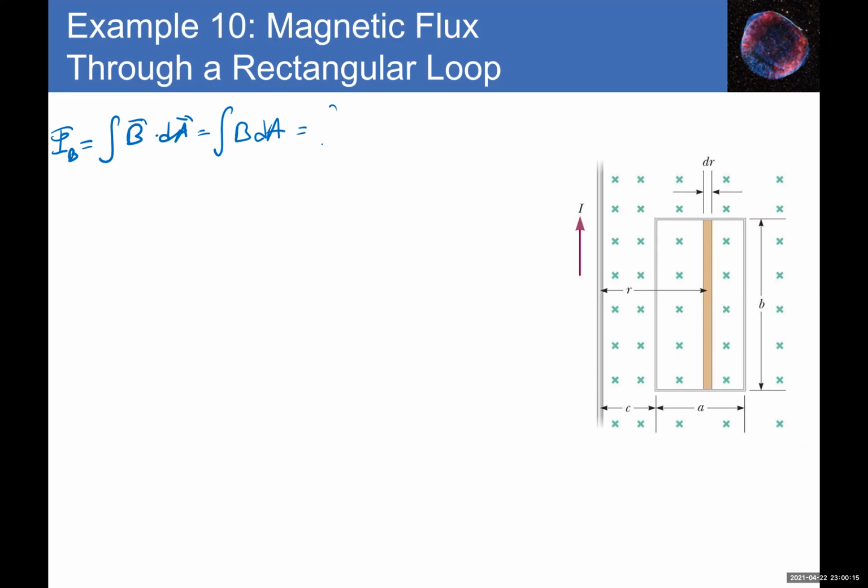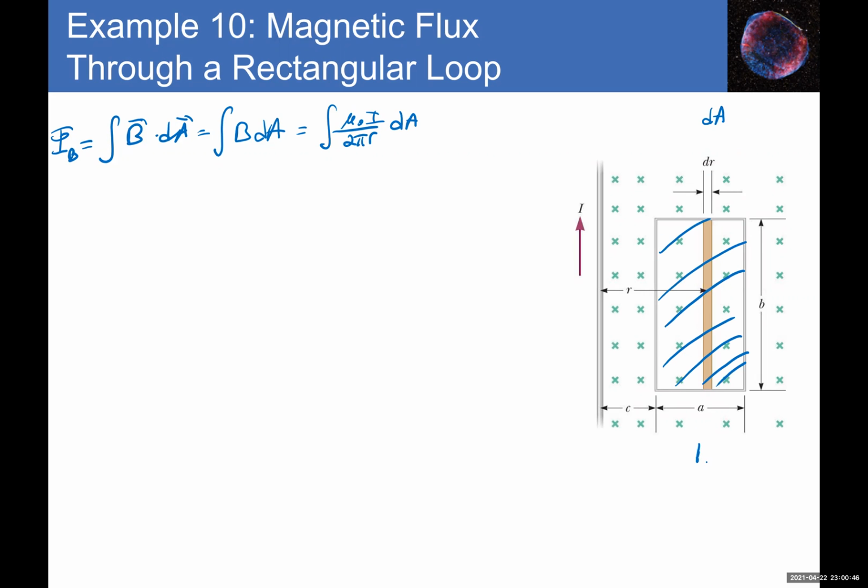But the magnetic field is mu naught I over 2 pi r, and this is then dA. Now, remember dA is not the area of the loop.